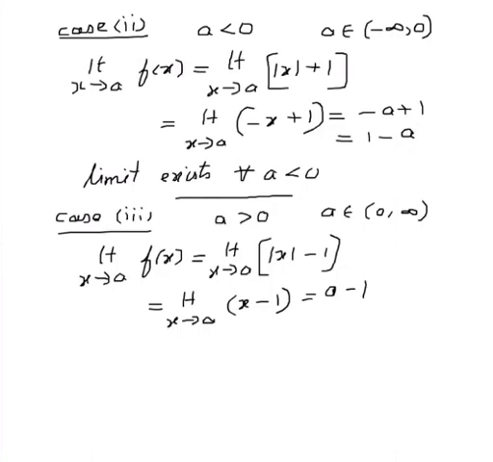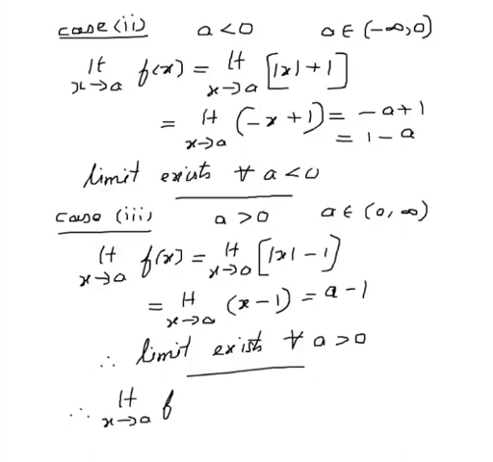Apply the limit, a minus 1. So this also has an answer. Therefore, the limit exists for all a greater than 0. Therefore, the given limit, that is the limit as x tends to a of f of x, exists for all a not equal to 0.